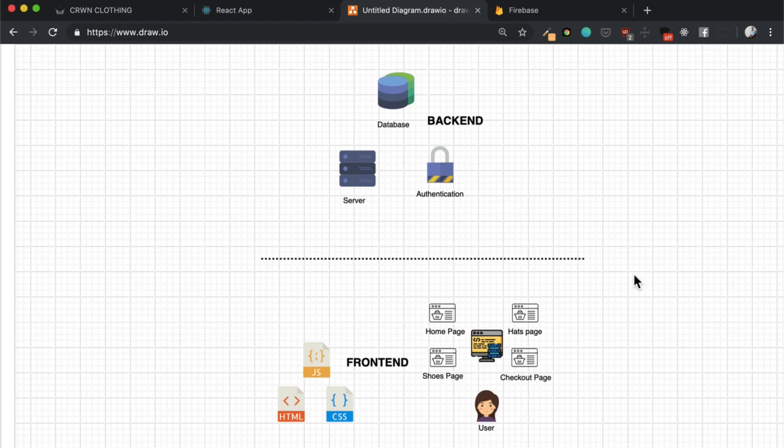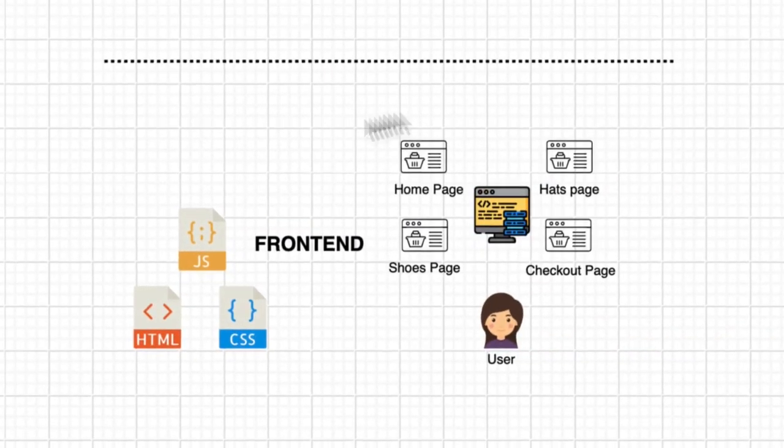Web development is generally divided into two sections. There's front-end, and then there's back-end. Front-end development consists of any JavaScript, HTML, or CSS code that comprises the application that our users see and interact with.